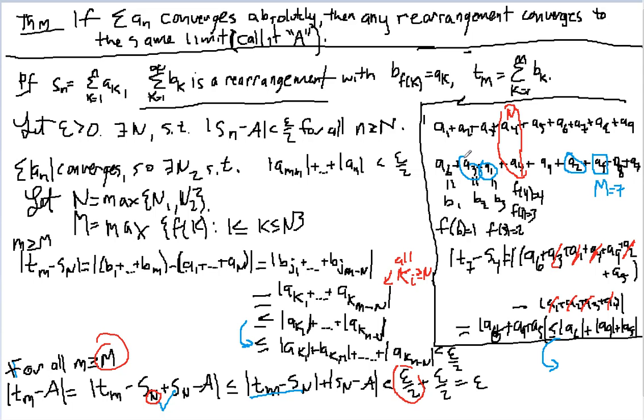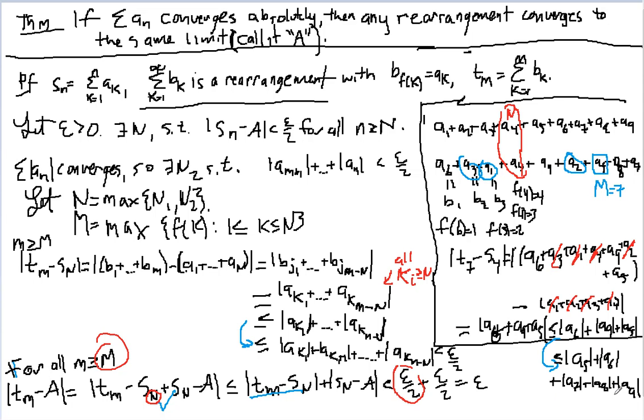So this is analogous to saying that this is less than or equal to A5 plus A6 plus A7 plus A8 plus A9. Certainly if we add more non-negative terms, it's going to make it bigger.